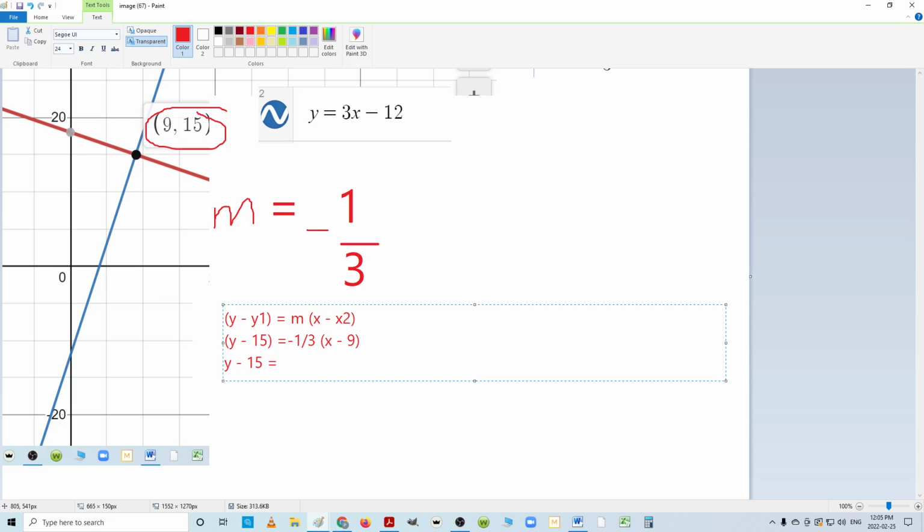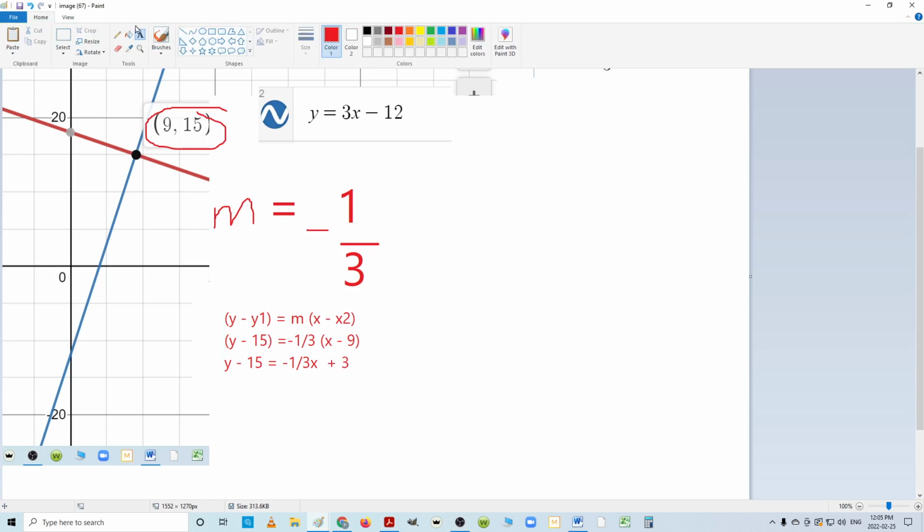And on the right, I've got to distribute that minus third through. So I've got minus a third times x. And what's minus a third times minus 9? You can use your calculator if you want. But you should get handy at this. When I multiply this times minus 9, the minus minus makes them both positive. And 3 goes into 9 3 times.